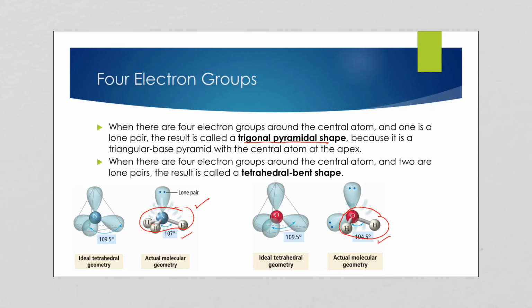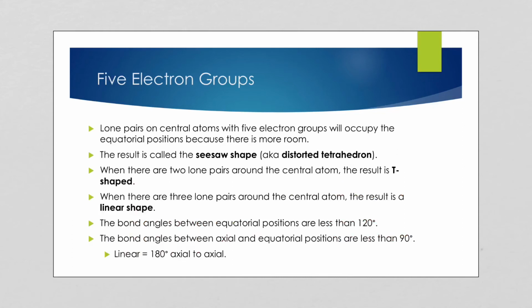So you can see that the angles within the structure get smaller as we add more lone pairs. So we have 2 derivative molecular geometries from our tetrahedral base geometry. We have trigonal pyramid with 1 lone pair, and we have bent where you have 2 bonds and 2 lone pairs. Okay, so let's move on to 5 electron groups.